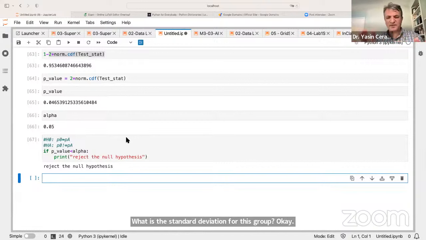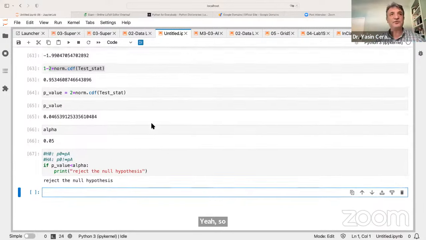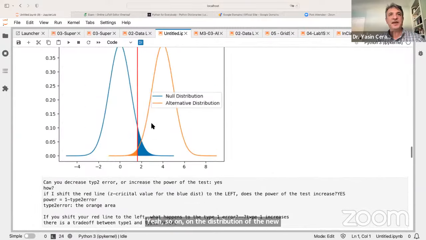Okay. Last thing before we leave for today, I think I'm also getting tired. Last thing. On the distribution of the null hypothesis, so on this distribution here, P0 minus PA, we marked our critical value.